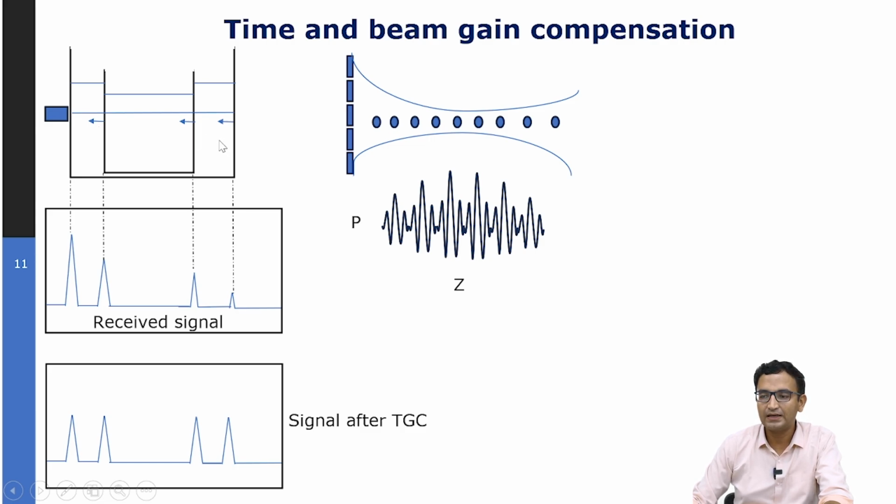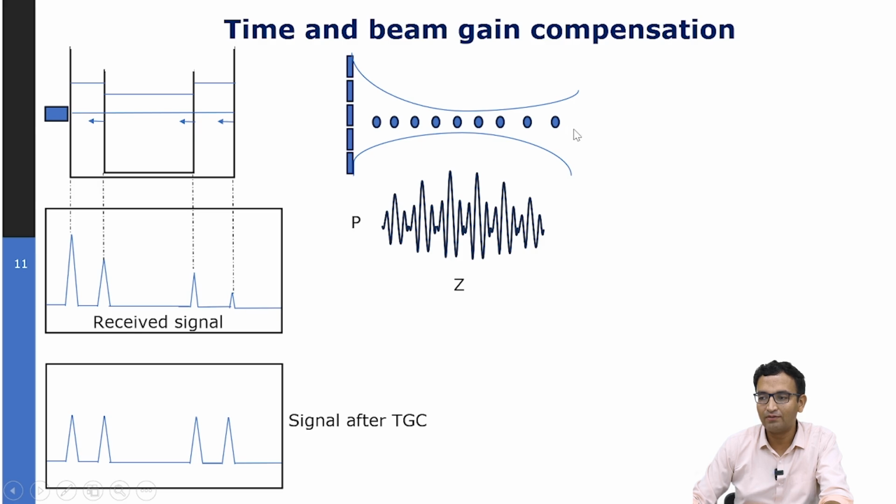If that is the case, still what you would expect is, as you go deeper, the reflections coming from deeper targets would be weaker because of attenuation. And not only that, there's a diffraction component associated with it. There's a beam shape, and the beam has the narrowest width at the focus, and then it diverges. So as the beam diverges, there's a redistribution of energy.